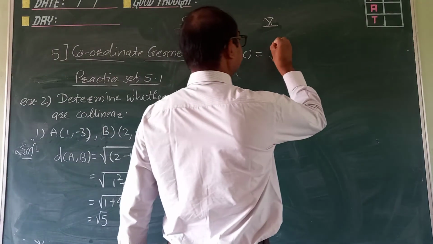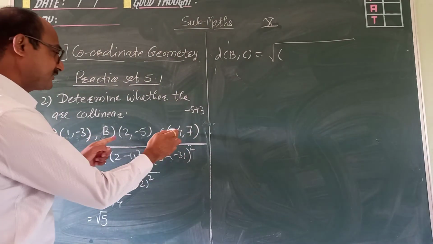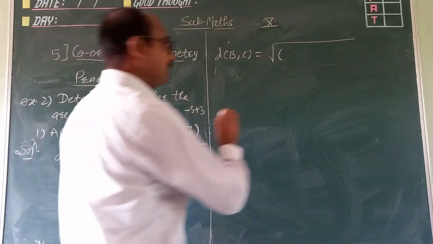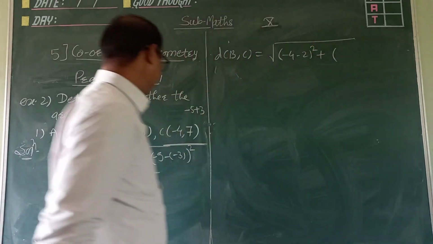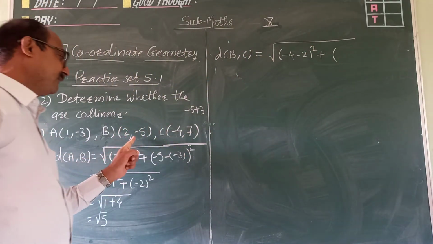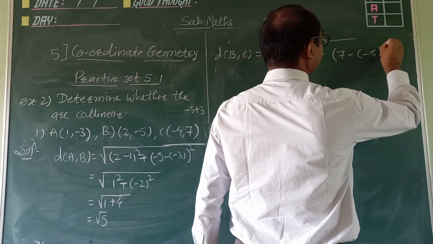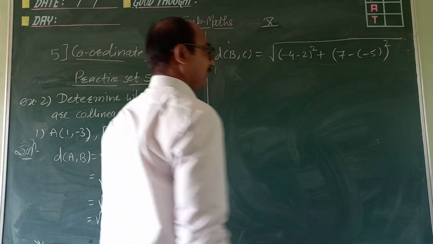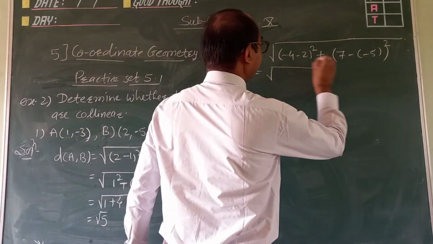So for BC, see the coefficients carefully. For BC now, x coordinate: 4 minus 2, bracket square. Then y coordinate: 7 minus 5, bracket square. Okay. For all these you have to apply the distance formula.